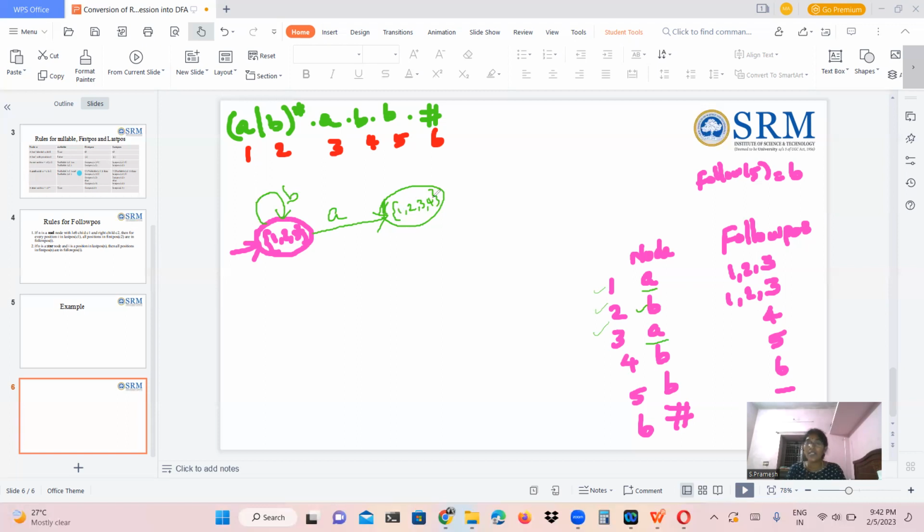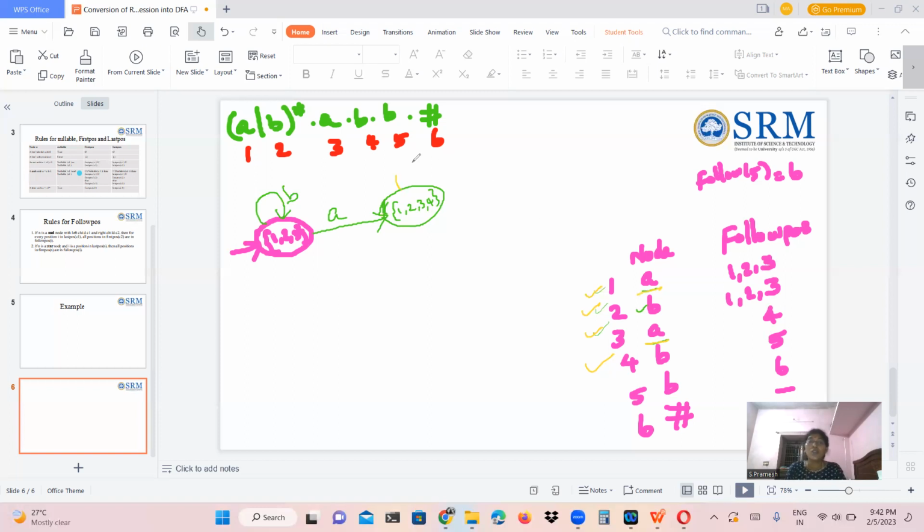Next, I have to consider this new state 1, 2, 3, 4. Now I'm going to take the count of 1, 2, 3, 4, the fourth state. Now I'm going to apply the A symbol. So the A symbol is here and here. In both places, what is that value? Again, this is 1, 2, 3, this is 4.